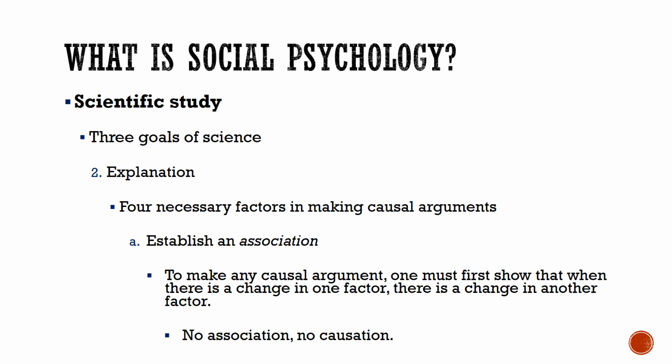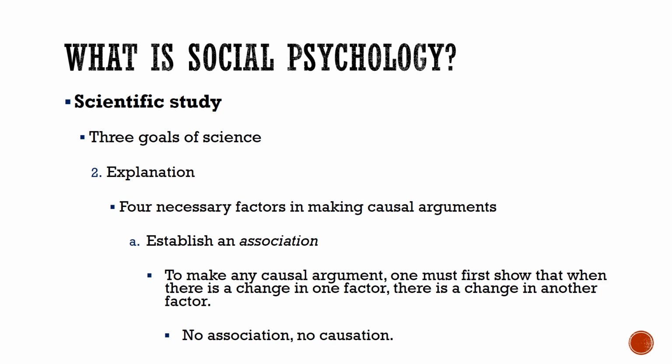In this regard, we are all what one social psychologist called naive scientists. However, the causal arguments we all make in everyday life are often quite biased, unsystematic, and sometimes based on poor logic. The causal arguments scientists make need to be strong and logical, and this translates to needing to establish four things.